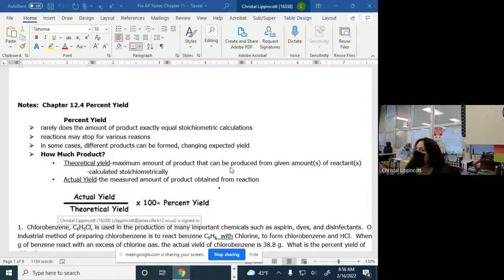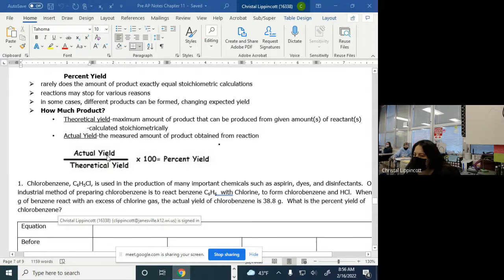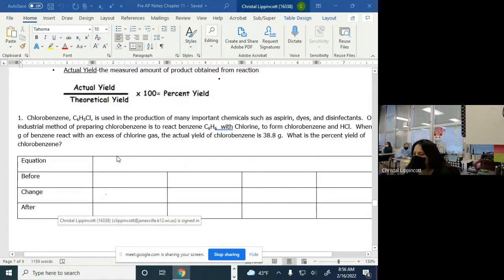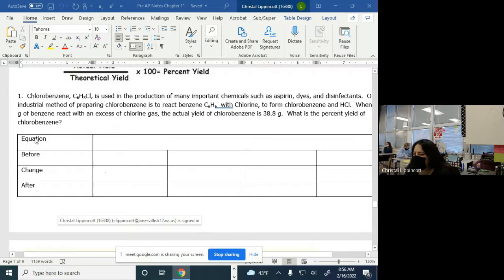The same thing happens in terms of chemical reactions. You typically expect to get so much stuff made, but oftentimes because of various reasons, you don't end up with that much. Okay. So what you end up with is called your actual yield. And I tell people to think of this as your recipe card.